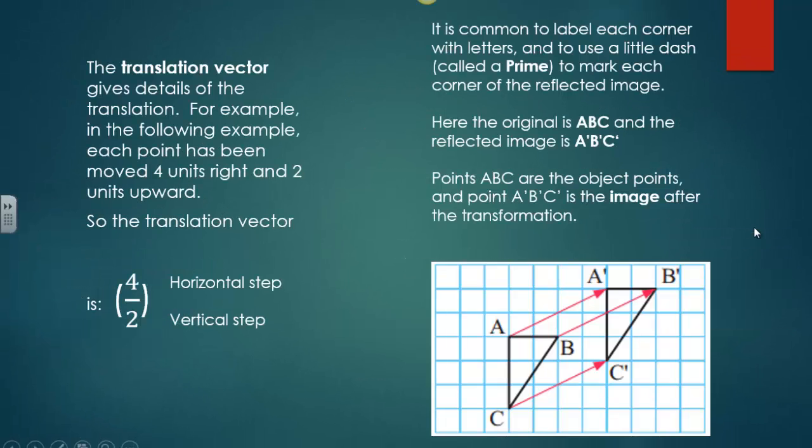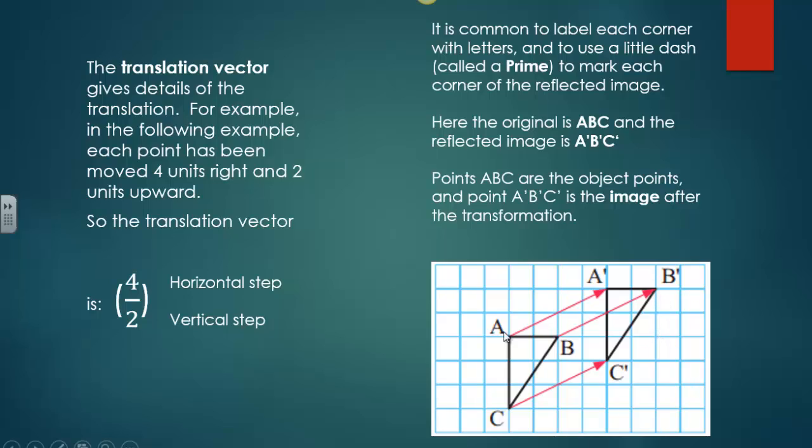The translation vector gives us details of the translation. So for example, in this example here, each point has been moved 4 units to the right and 2 units up. So the translation vector then is 4 over 2, which is your horizontal step, which is your 4 units to the right. So if we look at point B, we've got 1, 2, 3, 4 units and 2 units up. 1, 2.